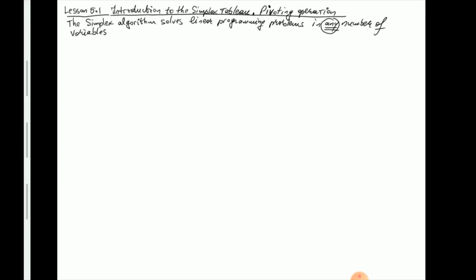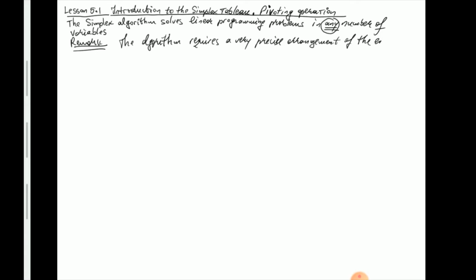The big difference, and we should even write it down as a remark here, is that the algorithm that we're going to learn requires a very precise arrangement of the equations and very specific steps.